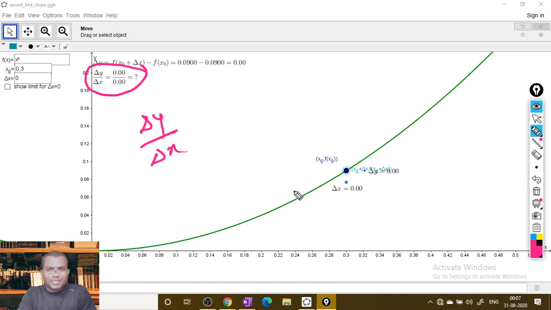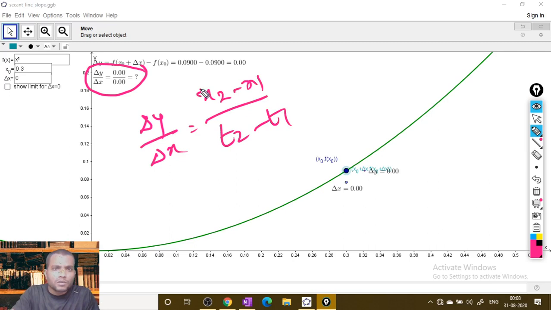Here there is no difference, but I would like to find the slope at that location, which gives me the instantaneous velocity. The formula we are using, x2 minus x1 upon t2 minus t1, fails here.